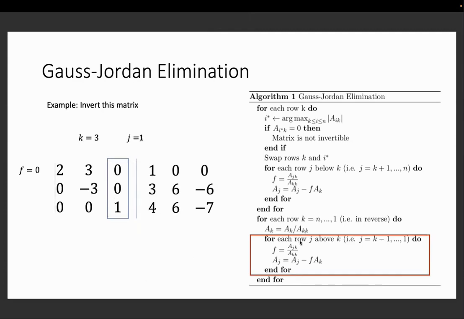So in j = 1, a13 is equal to 0. So the scale factor becomes 0, and then we just need to replace a1 by a1 minus 0 times ak.